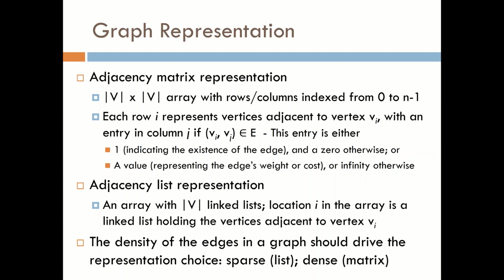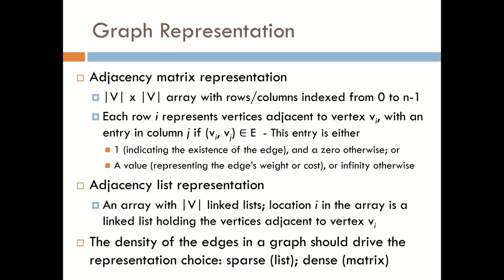And then each row represents vertices that are adjacent to a particular vertex, with an entry in column j if (Vi, Vj) is an element of the edge set, okay? Meaning there is an edge where Vi is one endpoint and Vj is the other endpoint.